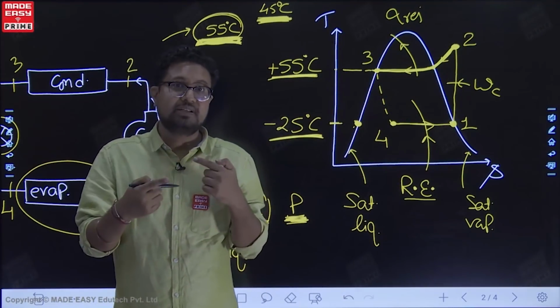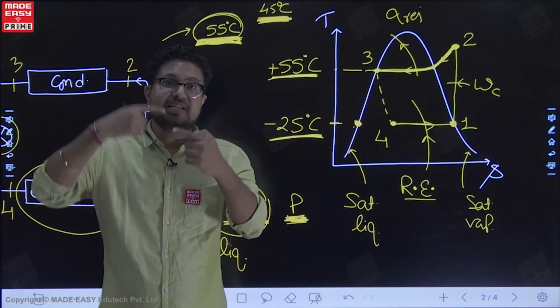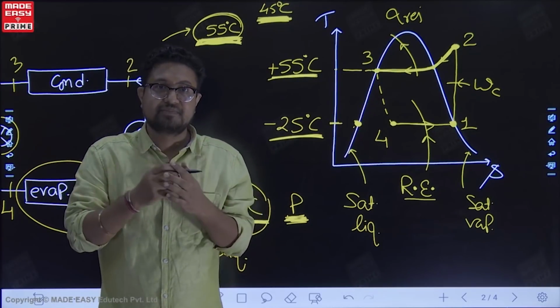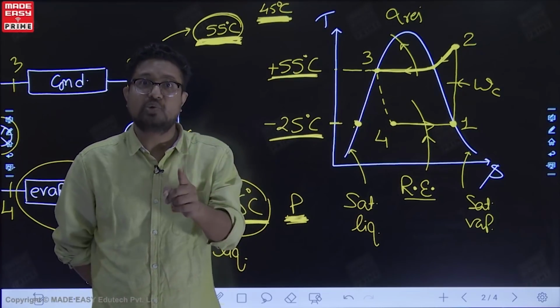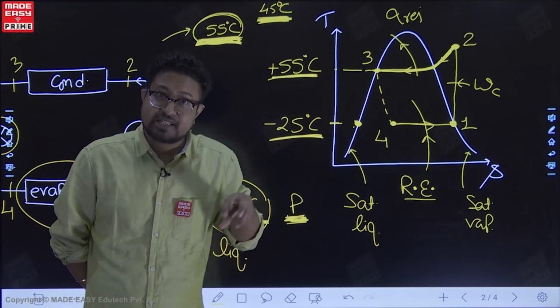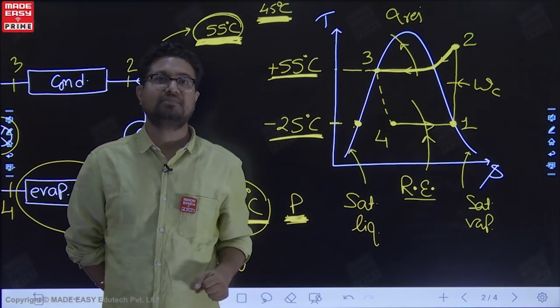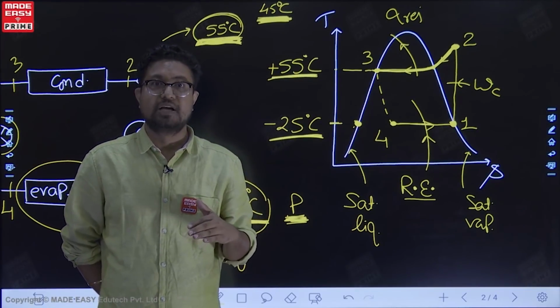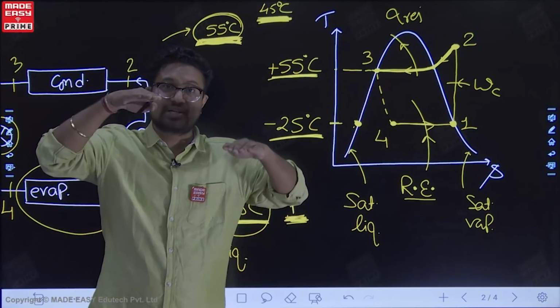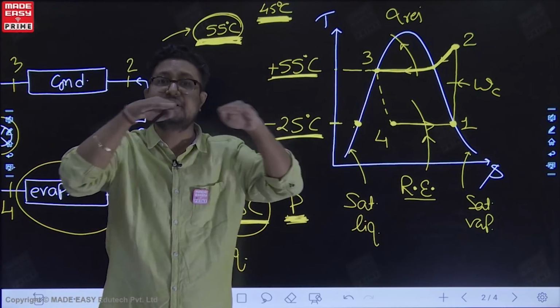Now you understood why we increase pressure and why we decrease pressure? We decrease pressure when we want to convert sensible energy into latent energy, when we want to drop the temperature. Because phase change, pressure and temperature are linked to each other.